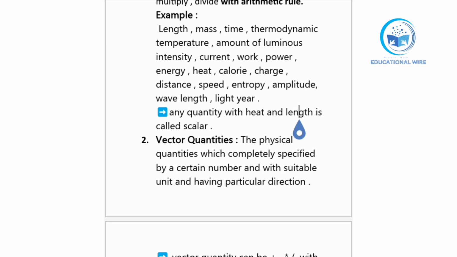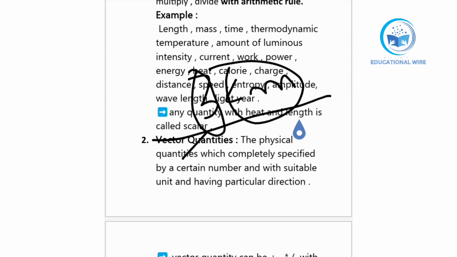So now I am explaining, just wait. Like we have the same 3 centimeter line, with a specific number and a specific unit. Now if you have this with an arrow sign, the arrow sign shows the particular direction.